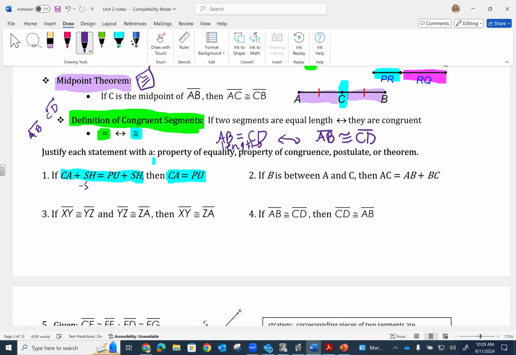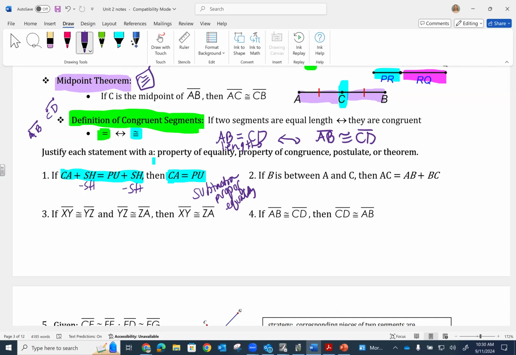If you thought subtract SH from both sides, that is true. So this is the subtraction property of, now is there an equal sign or a congruent sign? There's an equal sign, so you're going to say equality. So subtraction property for equal signs. When you have an equal sign, you're allowed to subtract the same thing from both sides.